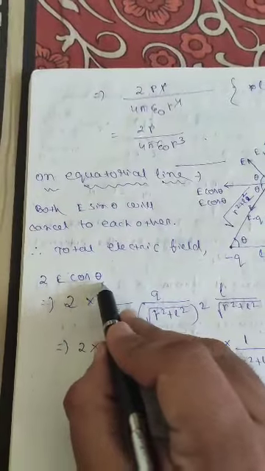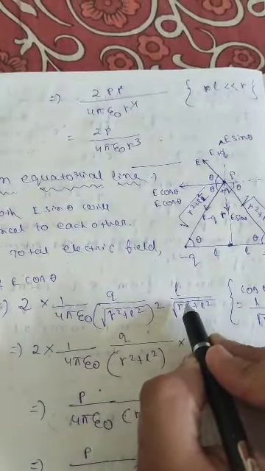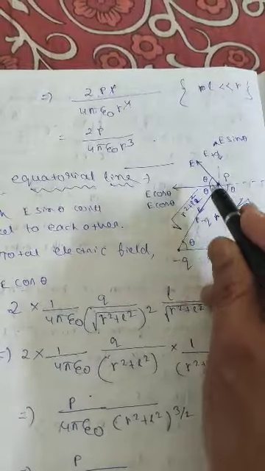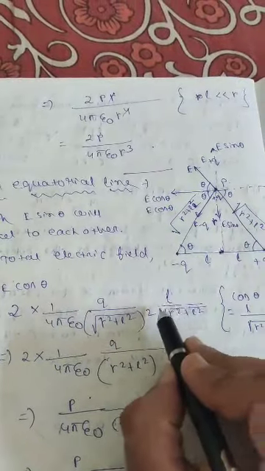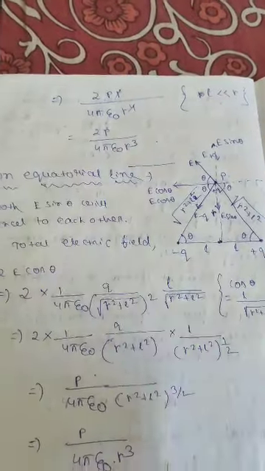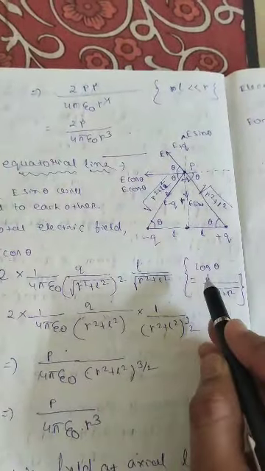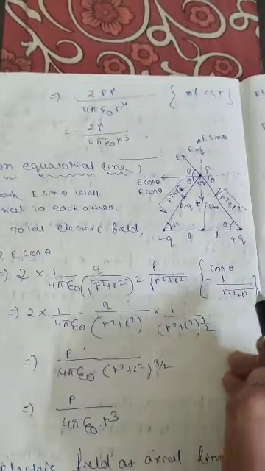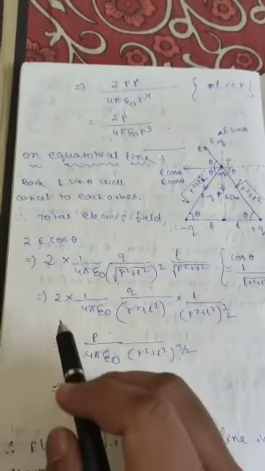And another term is present, cos theta. Cos theta is base upon hypotenuse, that is L divided by root over of R square plus L square.